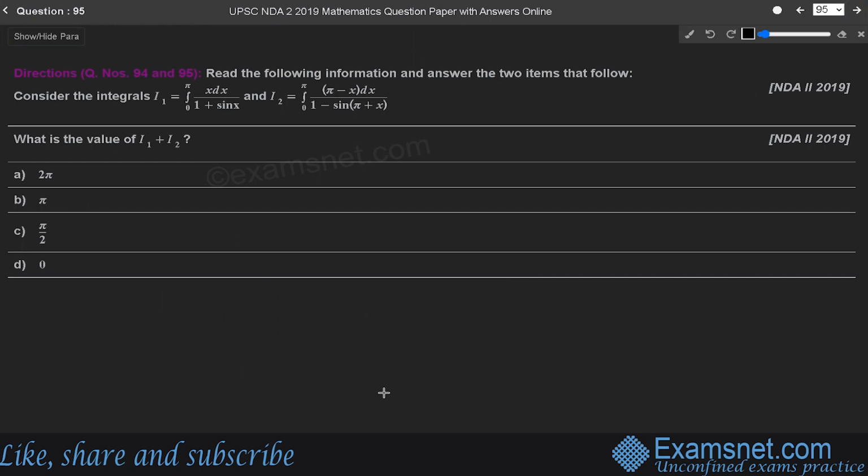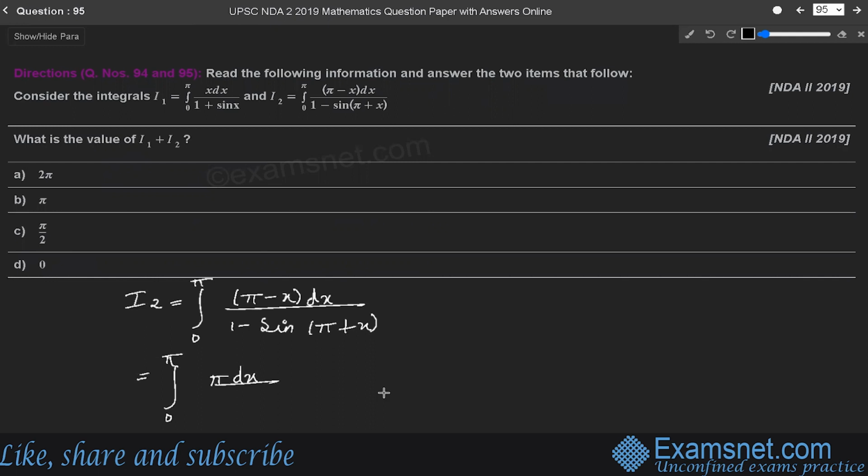Next part of the question is, what is the value of I1 plus I2? We have already calculated the value of I1. So I2 is equal to the integral from 0 to pi of (pi minus x) dx divided by 1 minus sin(pi plus x). So it will be equal to the integral from 0 to pi of dx upon 1 minus sin x, minus the integral from 0 to pi of x dx upon 1 minus sin x.